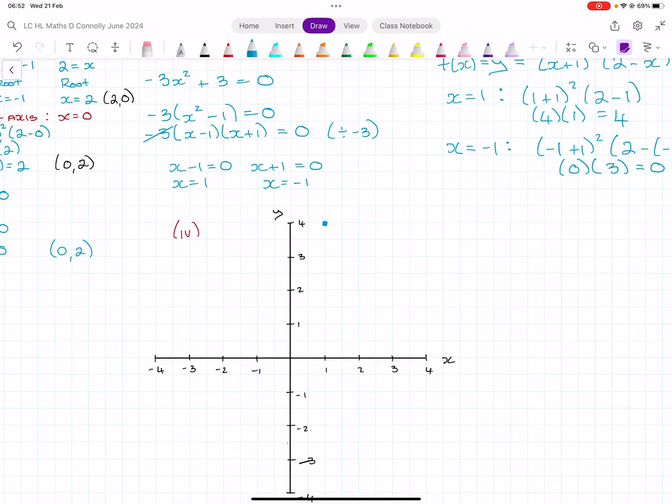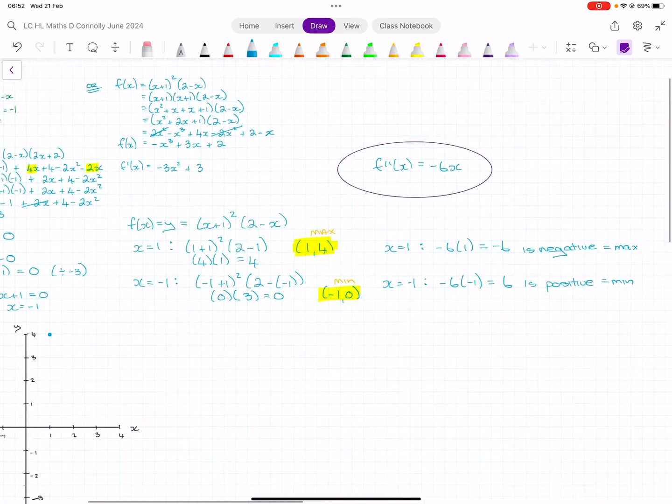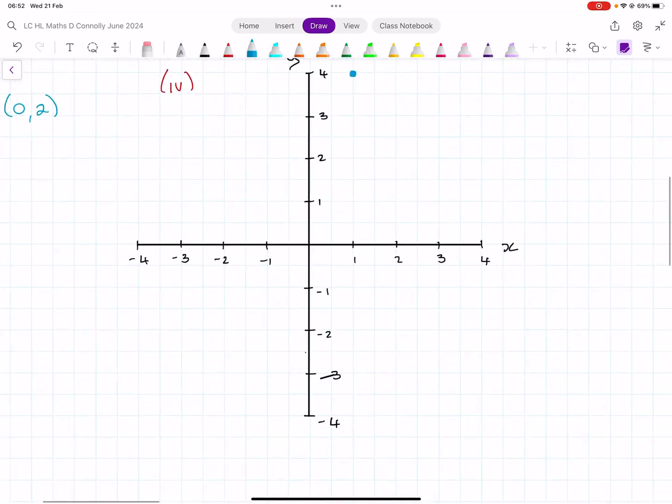So that's there, it's the max point. Minimum is minus 1, 0, so that's here.